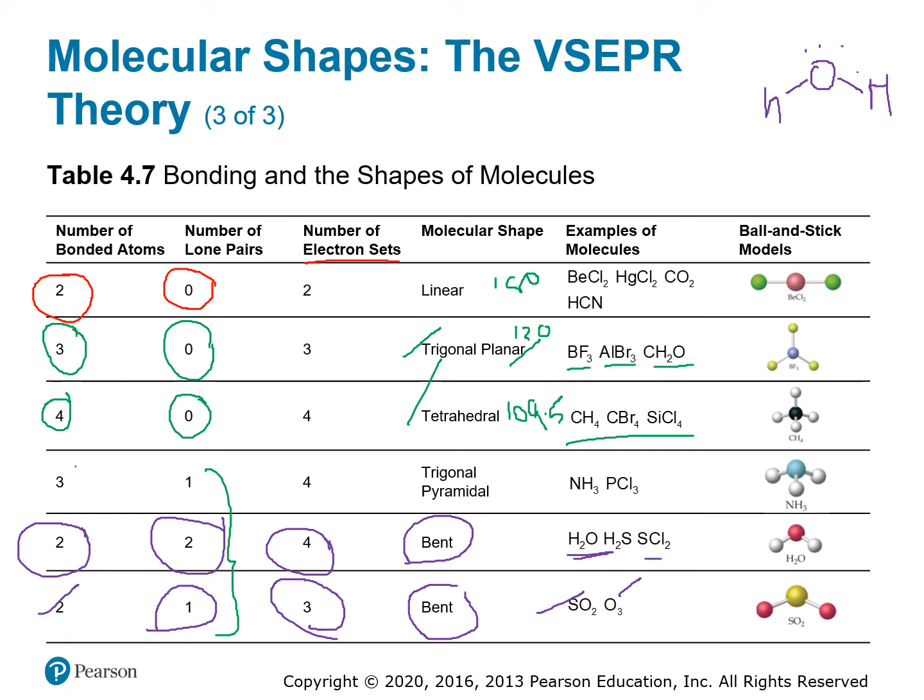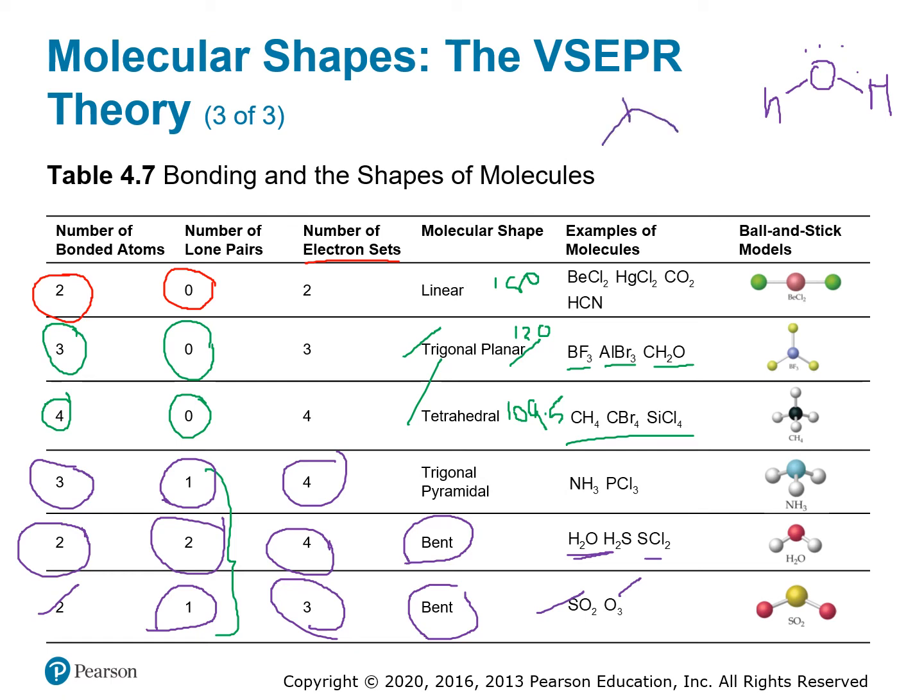And when you have 3 bonded atoms and 1 lone pair of electrons, then again 3 plus 1 becomes 4, and ideally speaking that could have been tetrahedral, but because we have that 1 lone pair, what happens is we still have this base.